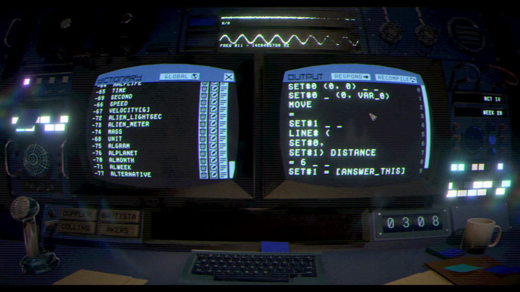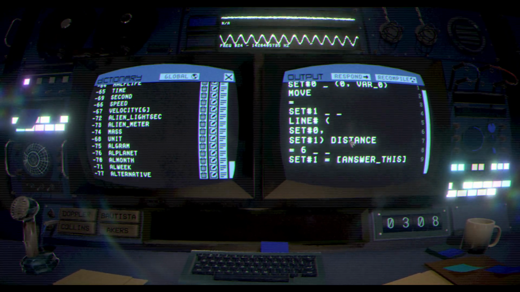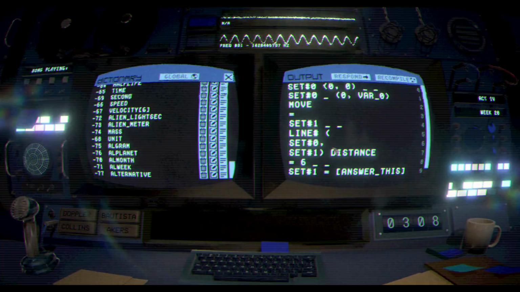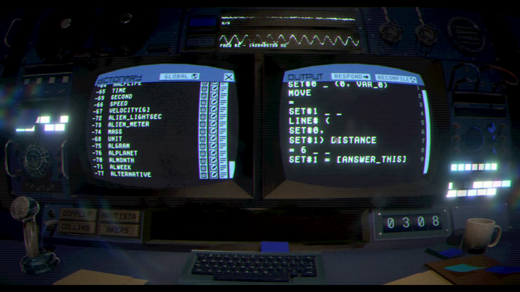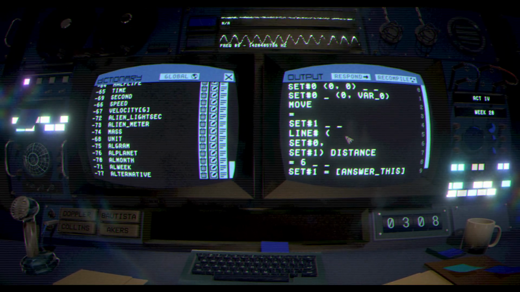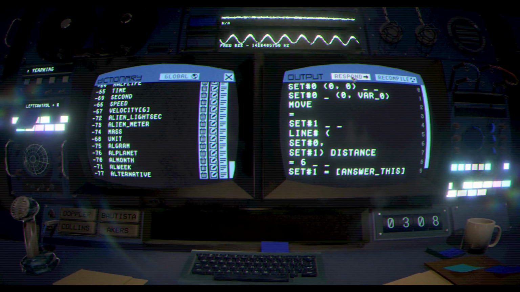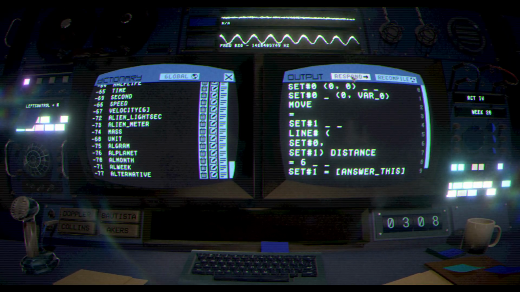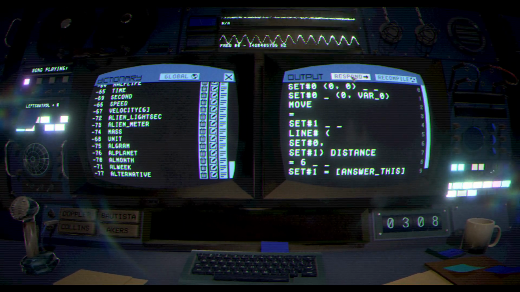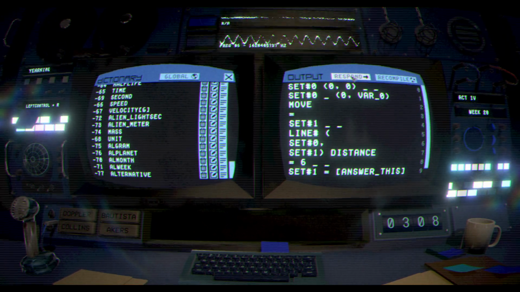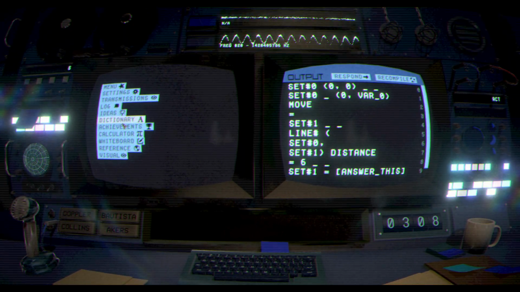Okay, so point 0, move some amount on the y-axis, set point 1 in line with point 0. Point 0 to point 1, distance equals 6. So point 1 equals, interesting. So if that, it's going to be equal to var 0 minus 6.